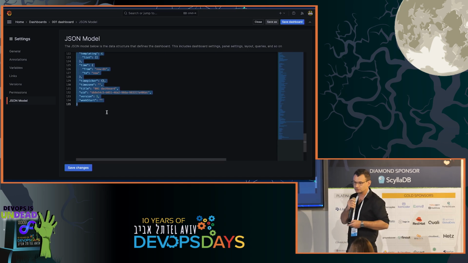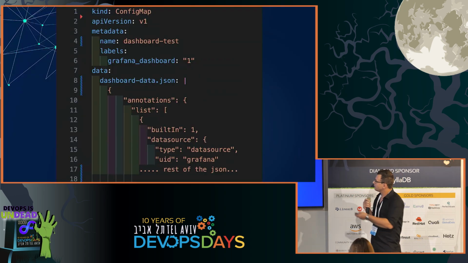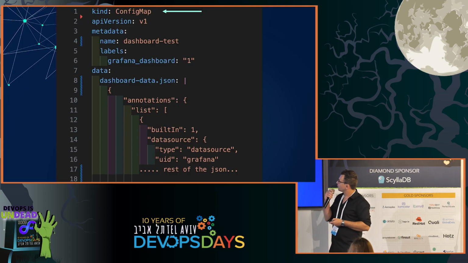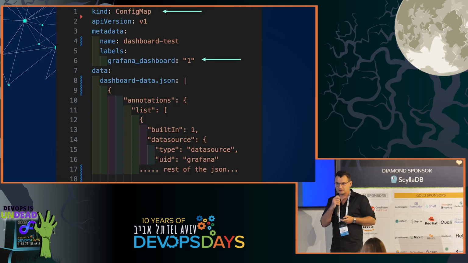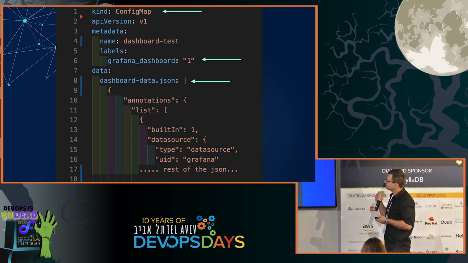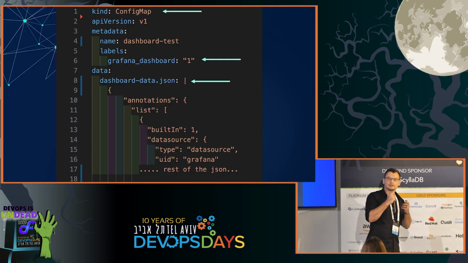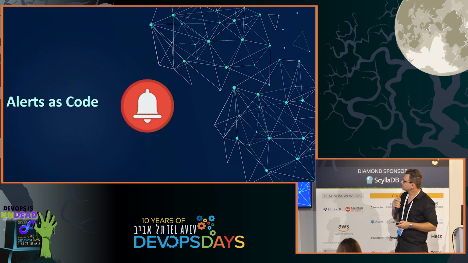This is all you need to do, copy and paste it. Let's take a look at an example. Again, it's a config map with Grafana dashboard equals 1, and you just paste the JSON model here, and you have in your Kubernetes cluster a config map with the dashboard that you provisioned as code.